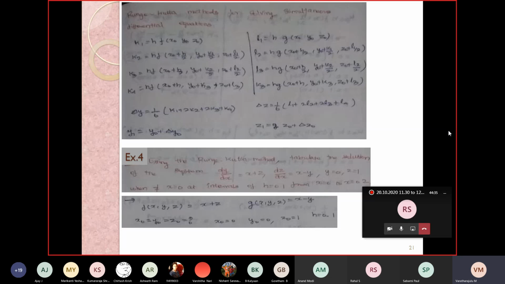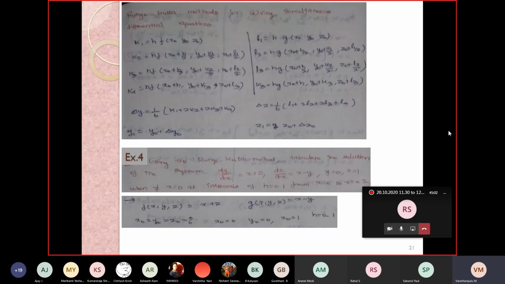dy by dx is our f, a function of x, y, z, and dz by dx becomes g of x, y, z. That is also a function of these three, and that is different from dy by dx. Therefore, we indicate it as g of x, y, z.